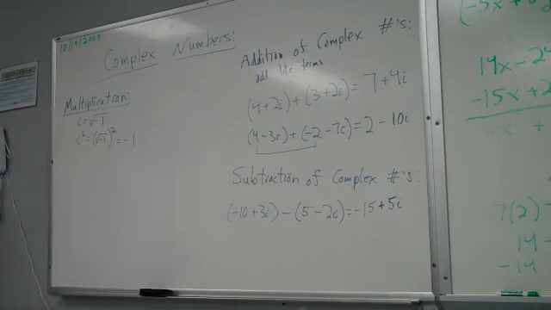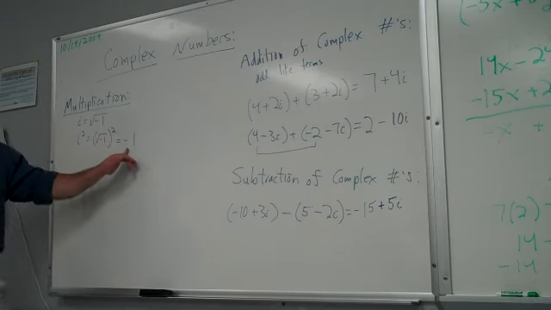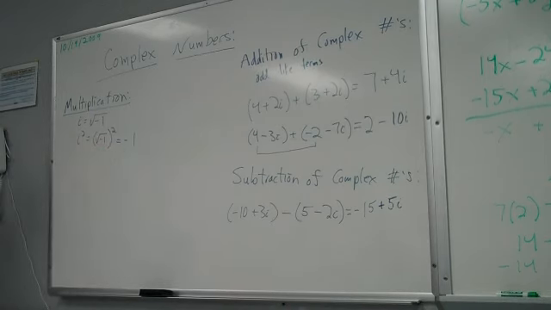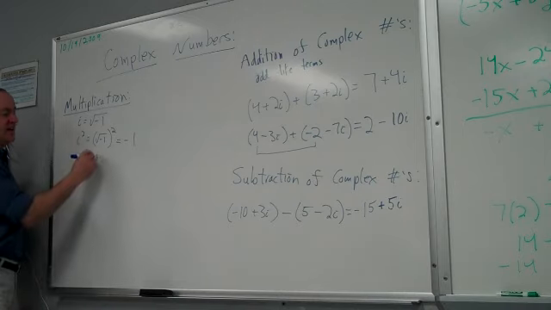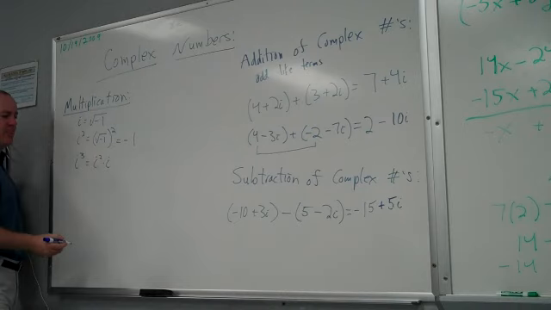It's the only thing we deal with regularly in math that you can square and get a negative as your answer. Squaring always gives a positive unless you're dealing with complex numbers. What then is I cubed? Well, it's I squared times I, right?